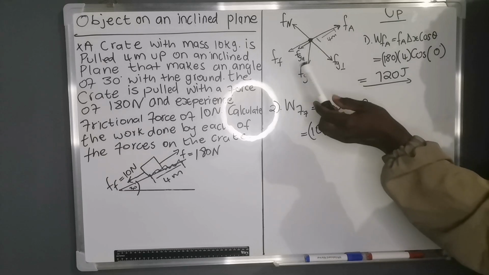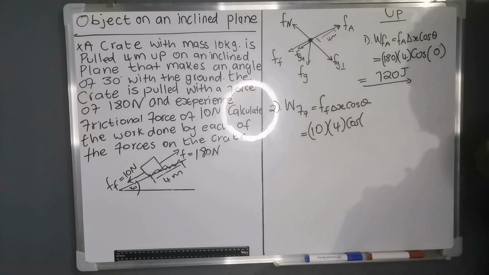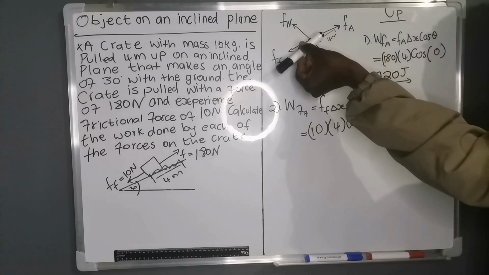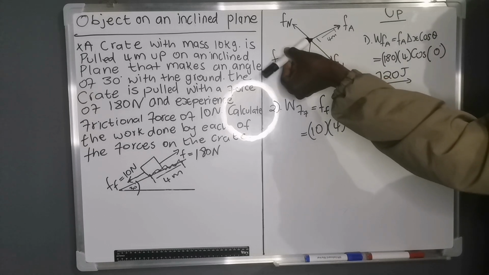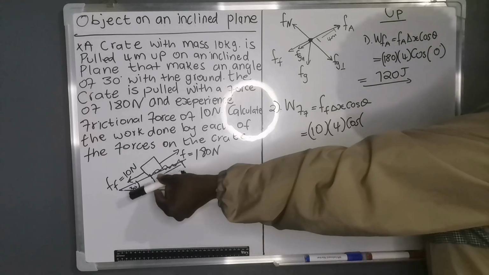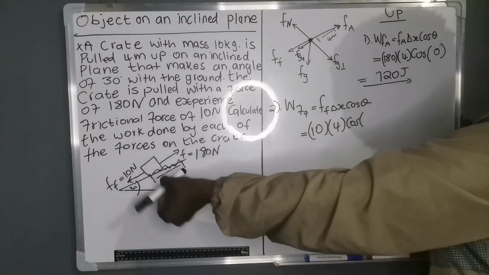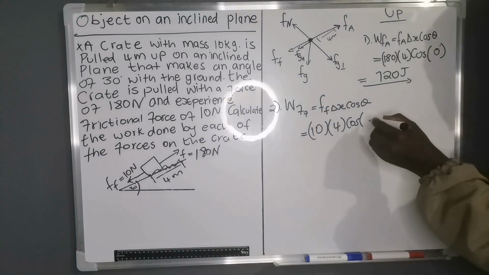Frictional force and displacement are in opposite directions. If you measure this angle, you put a pen on the frictional force, facing in the direction of the displacement. So from the frictional force on the left to the displacement on the right, the angle is 180 degrees.